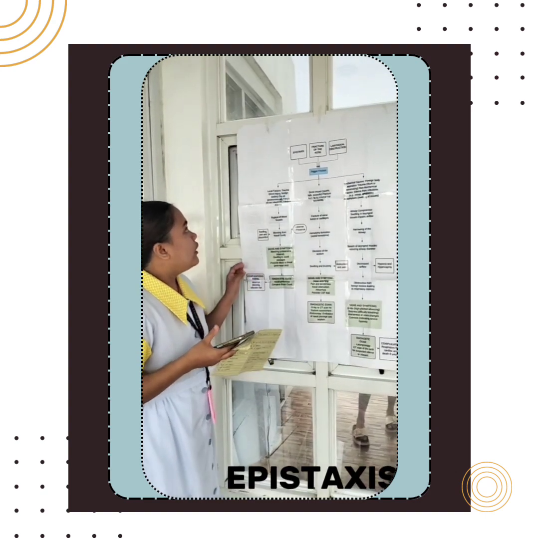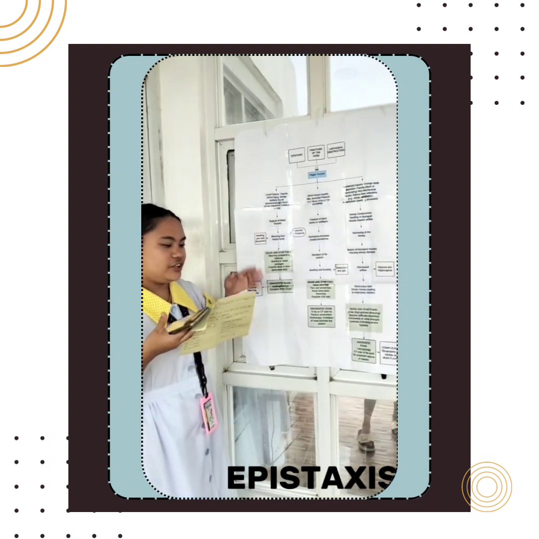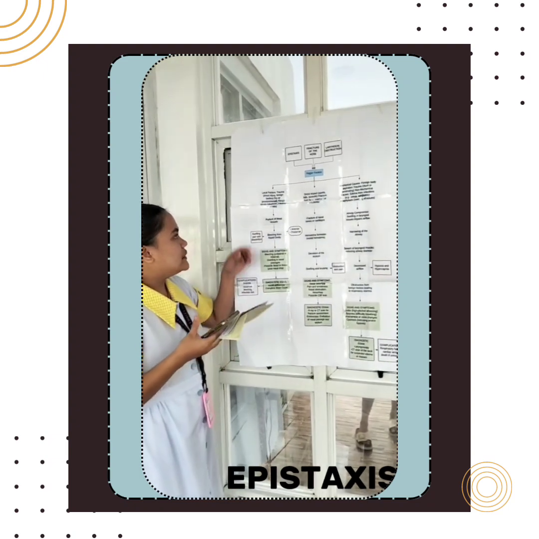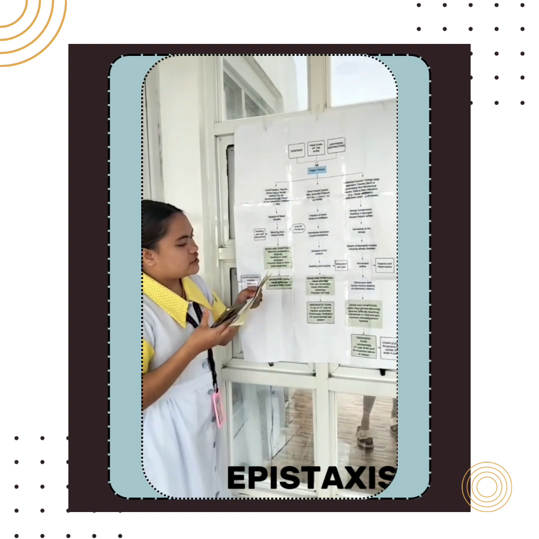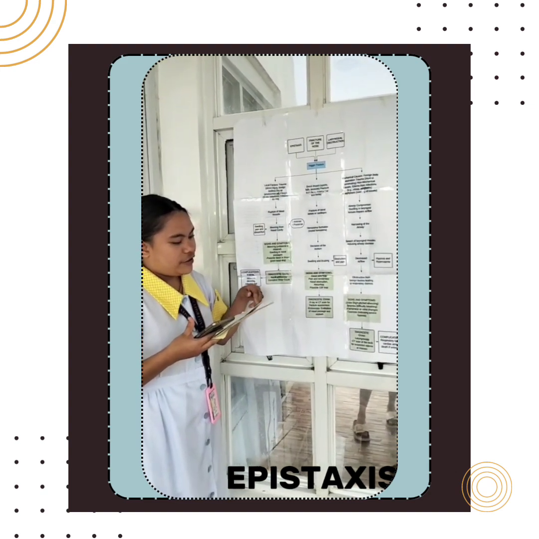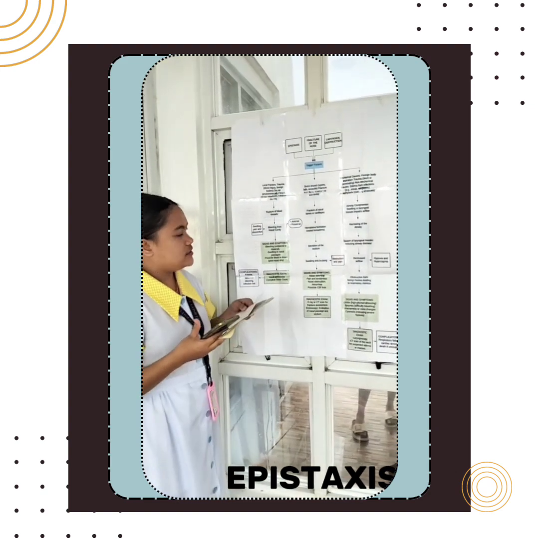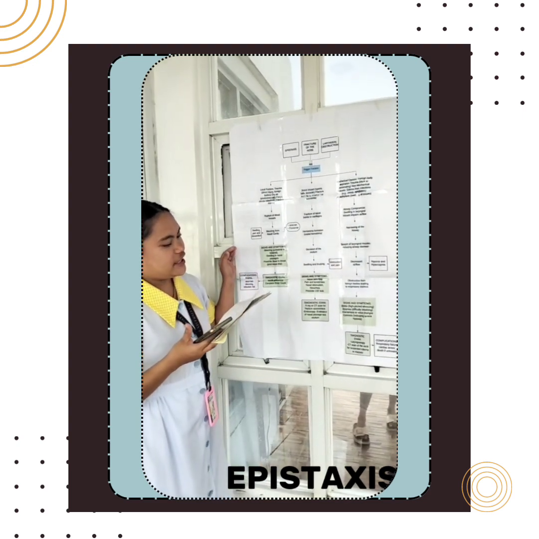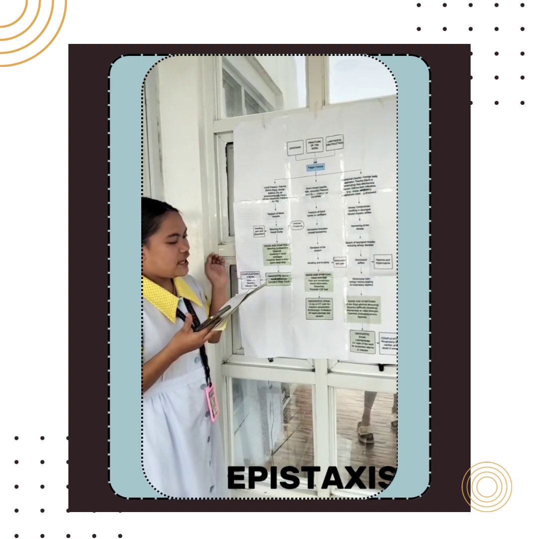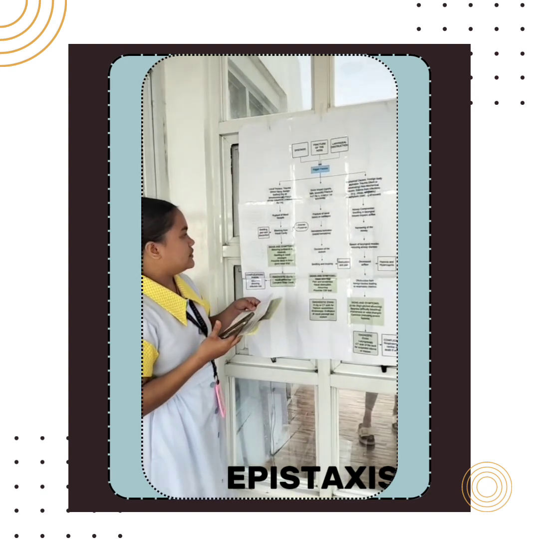So here's our pathophysiology. For the epistaxis, the local factors are trauma or direct injury or foreign bodies, the dry air, environmental factors, allergies, rhinitis, and infections or sinusitis or rhinitis.